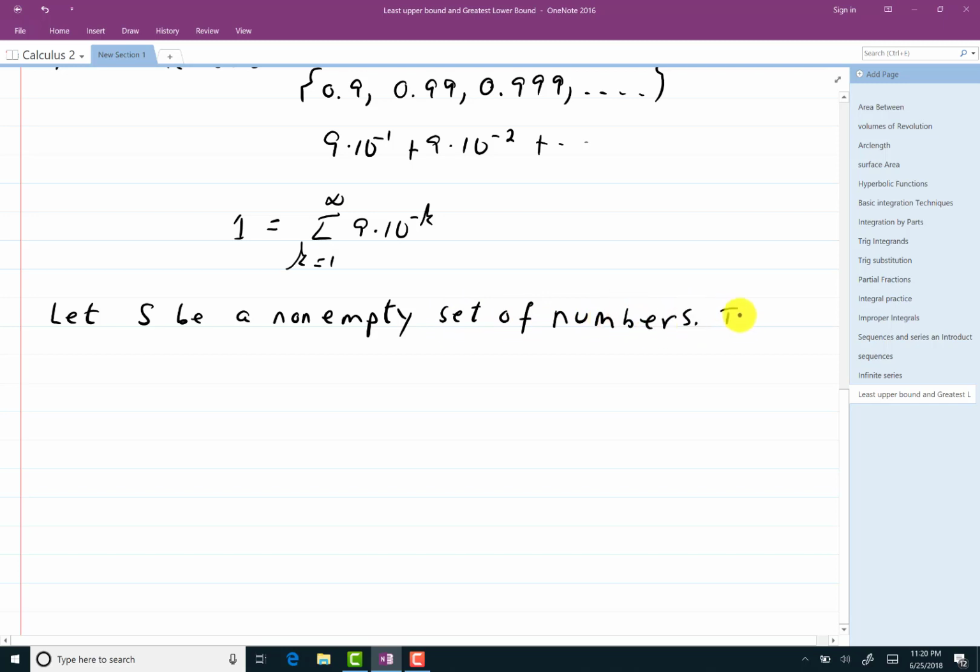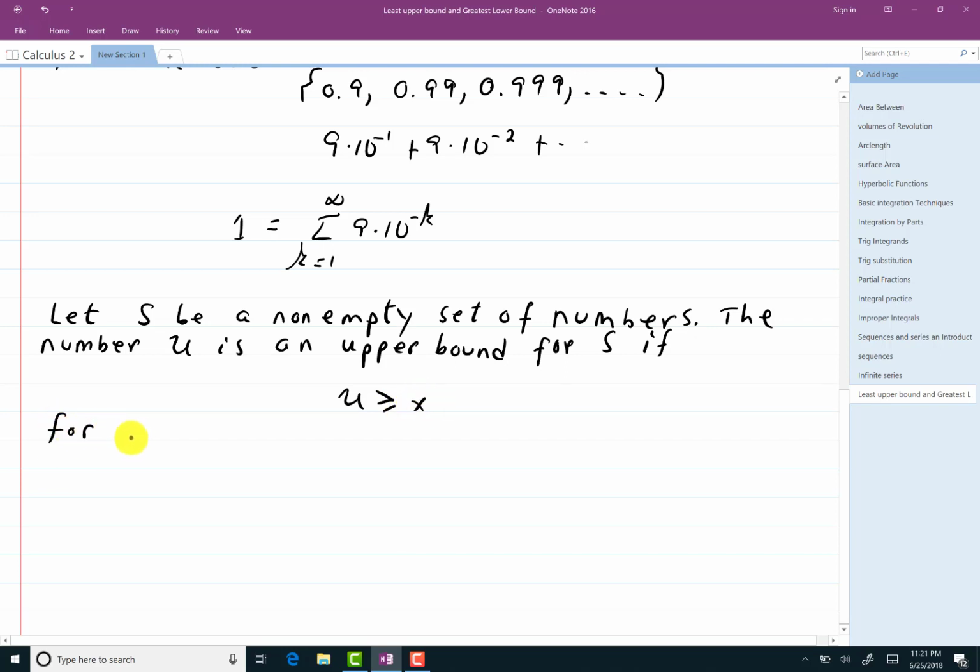The number U is an upper bound for S if U is greater than or equal to x for all x in the set S. So U is bigger than, or at least as big as, every single number, then it's called an upper bound.